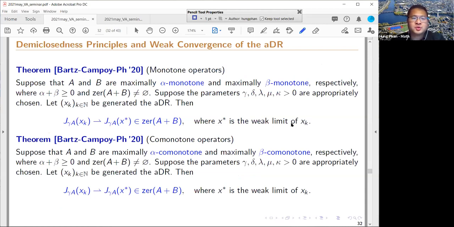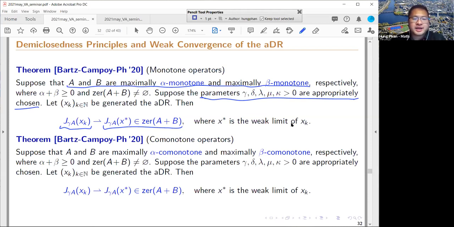So if we have a maximally alpha-monotone and a maximally beta-monotone operator, we can prove the shadow sequence converges to the solution weakly, supposing the parameters are chosen appropriately. I skip the details of how you choose them, and of course, it is written in the papers as well as in the previous slide. I'll just say chosen appropriately.